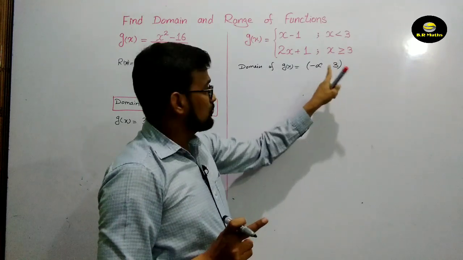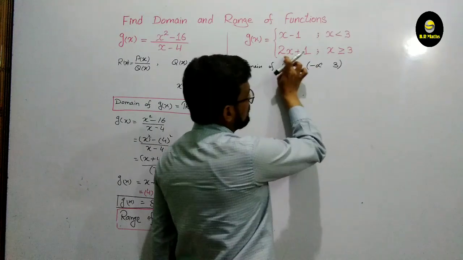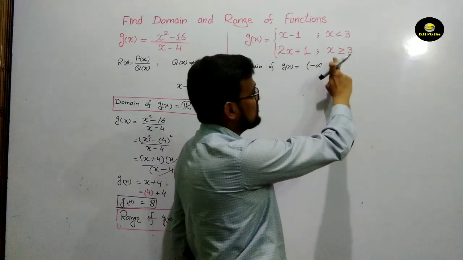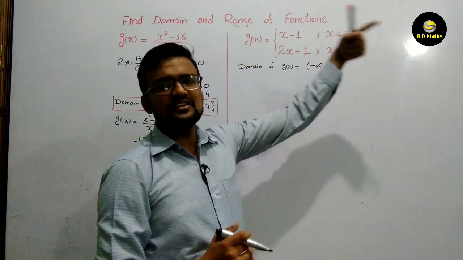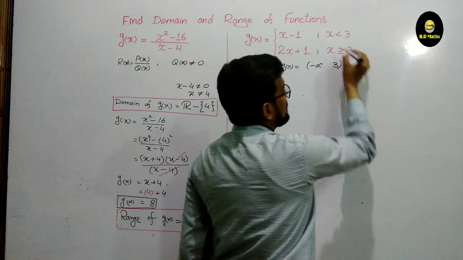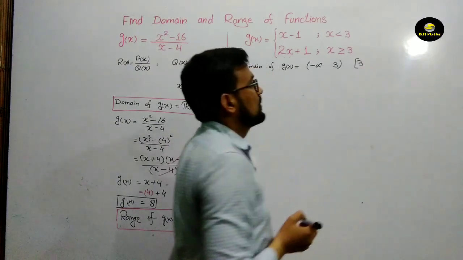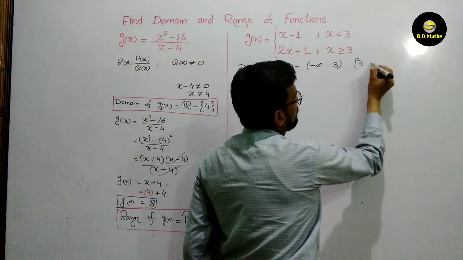And next, the second function 2x plus 1 depends on the range where x is equal to 3 and greater than 3, which means 3 is included, from 3 up to positive infinity.